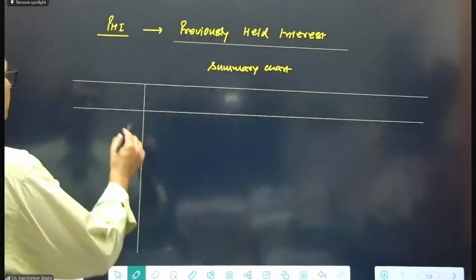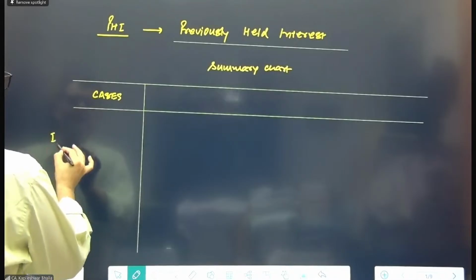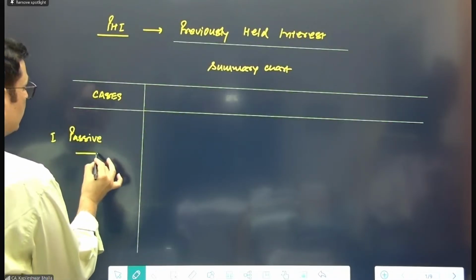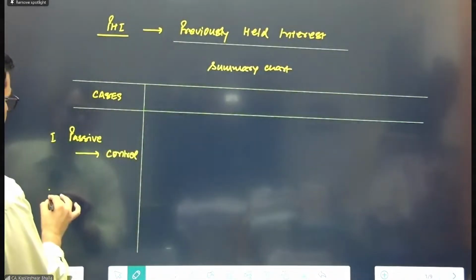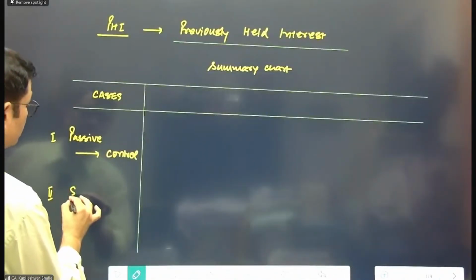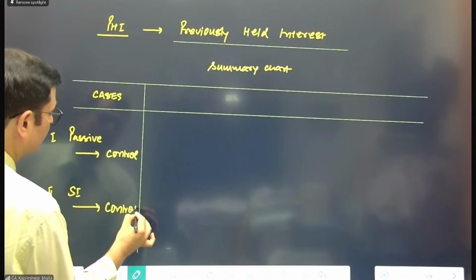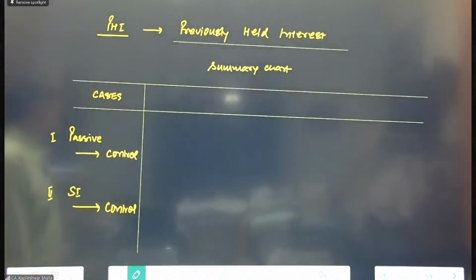So case number 1 is a conversion of a passive investor into control, and the second situation is a conversion of significant influence into control. These are the two situations which could occur in a step acquisition.